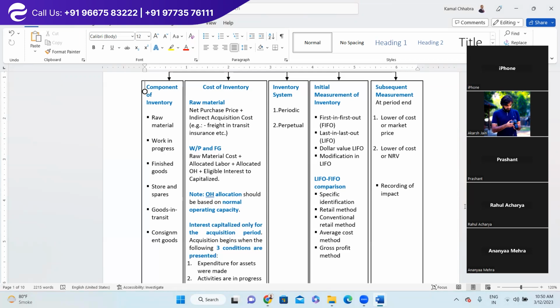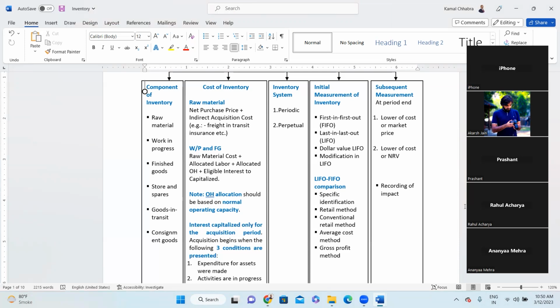Job cards, for example. So, just to give a thought, what kind of company might be required to maintain a perpetual system, or what kind of company a periodic system of accounting? Prashant has shared the definition is right.